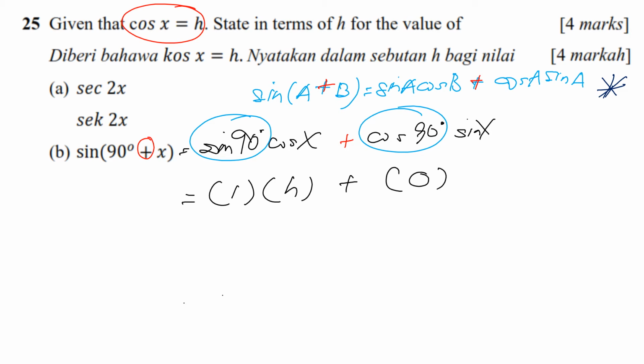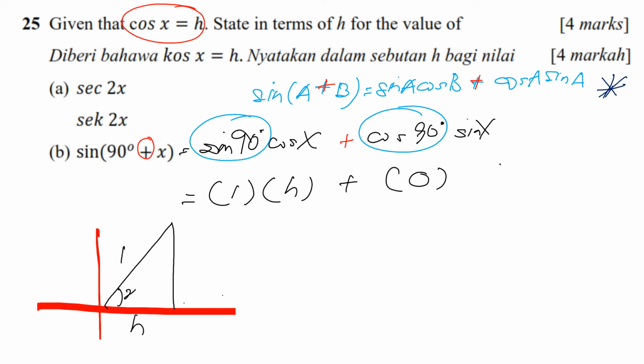So sine x, if you refer to the diagram, wait, give me some time. I bring you back to the diagram. This is your h, this is 1, this is your x earlier.